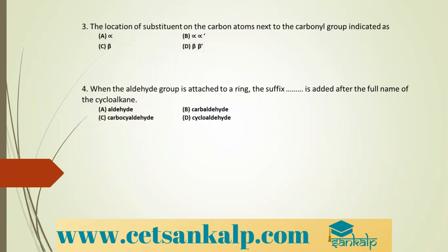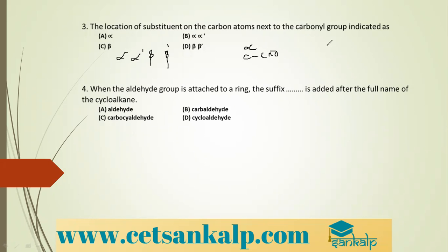The location of the substituents on the carbon atoms next to the carbonyl group is indicated by Greek letters. You already know this. The Greek letters are alpha, alpha prime, beta, beta prime. If this is the functional group, this carbon becomes alpha.